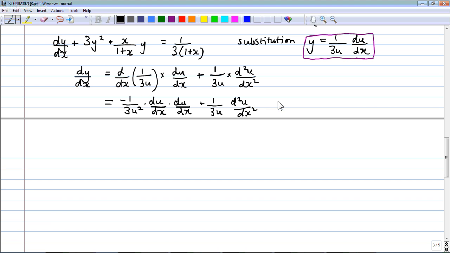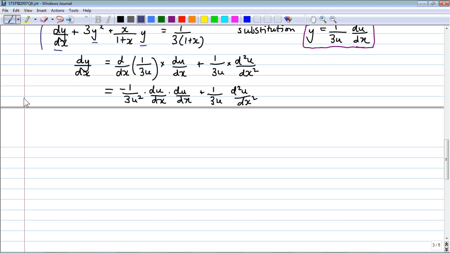So a little bit messy, but here we have the square of du by dx. Now apart from that term here, let's use blue, all the other terms with y are just y directly. So that means we can now rewrite this whole expression using u instead of y, hopefully.